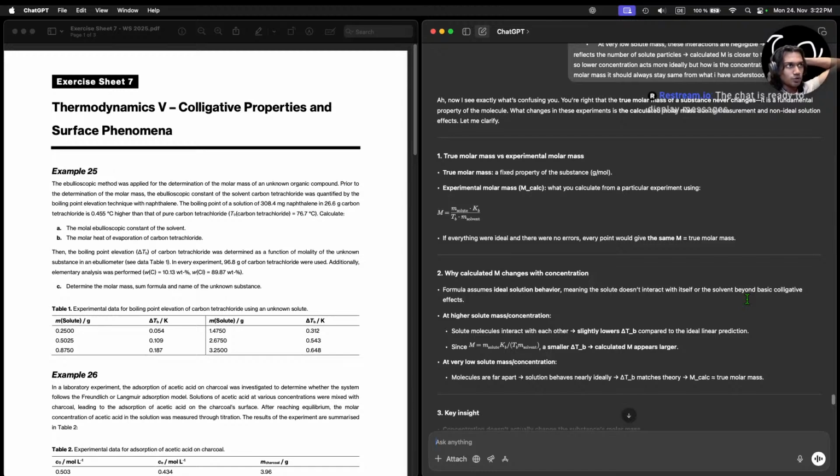At higher solute mass or concentration, solute molecules interact with each other, slightly lowering delta T compared to the ideal linear prediction. At very low solute mass concentration, molecules are far apart. The solution behaves nearly ideally.